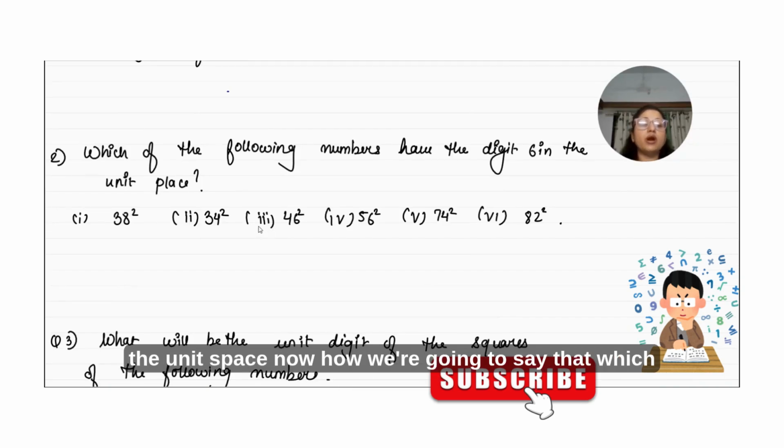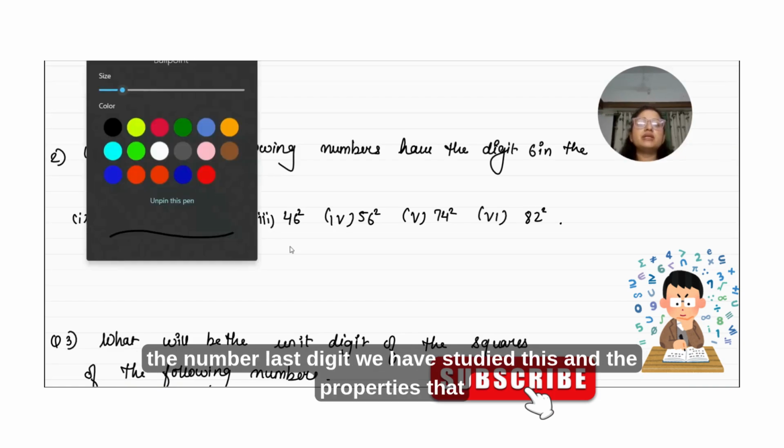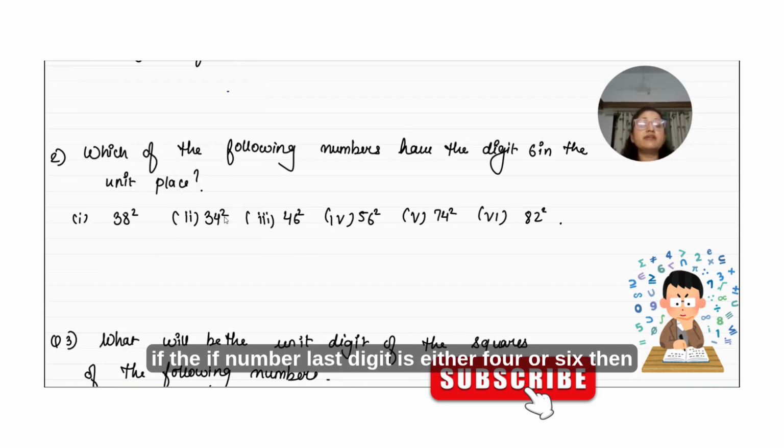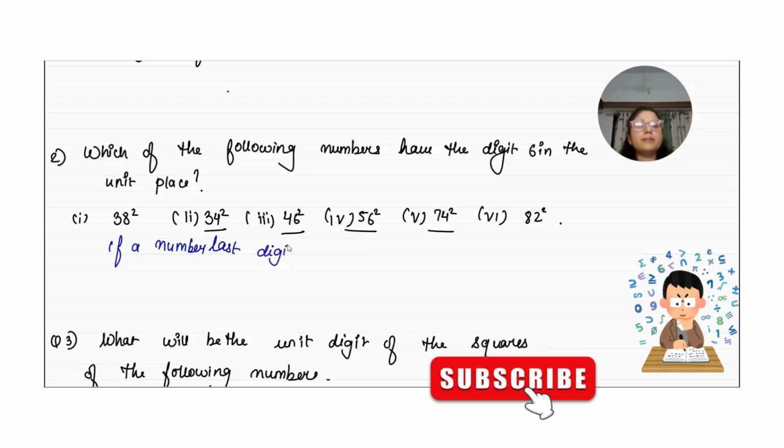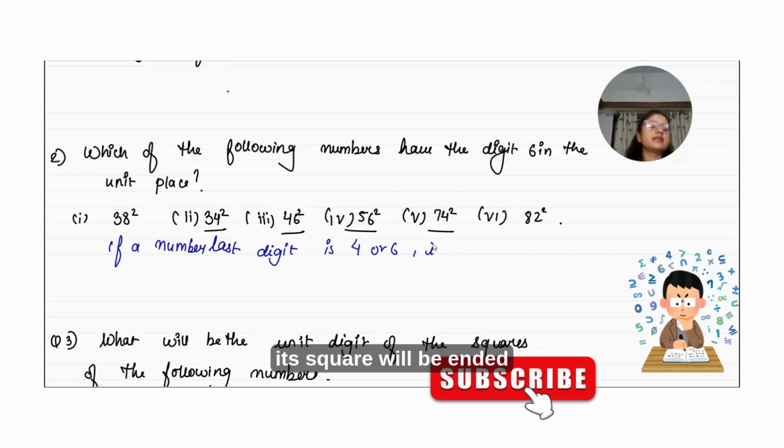Now the next question: which of the following numbers have the digit 6 in the units place? We have studied in the properties that if a number's last digit is either 4 or 6, then its square will end with 6. So here we can take 34 square, 46 square, 56 square, and 74 square.